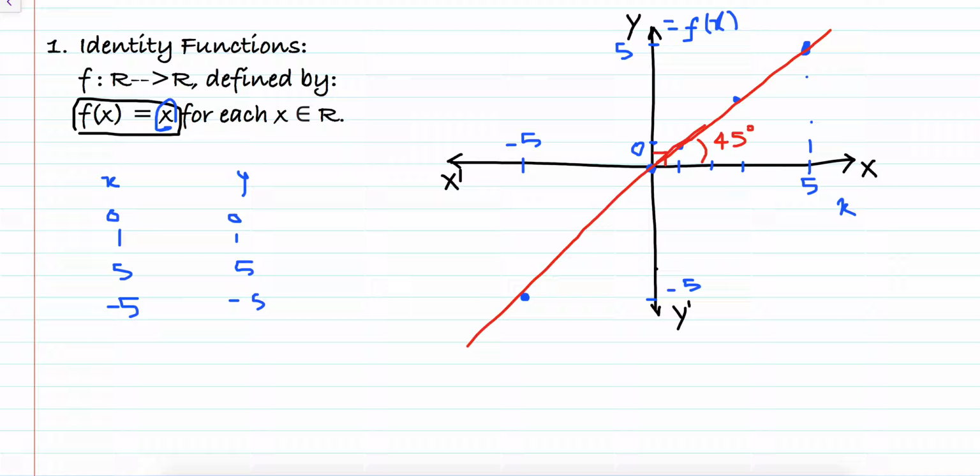So it's a straight line. That's because for every point it should be the same value on x-axis and y-axis. For any value, if we take any point on this, not necessarily integers, we can take 3.5, then y will also be 3.5. So that's our identity function.